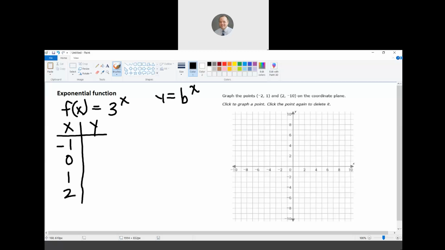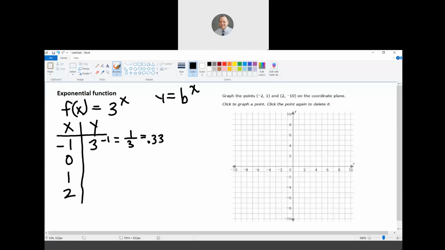When you plug in -1 for x, you get 3 to the -1 power, which as a positive exponent, we would flip this. So the reciprocal of 3 over 1 is just 1/3, roughly about 0.33.